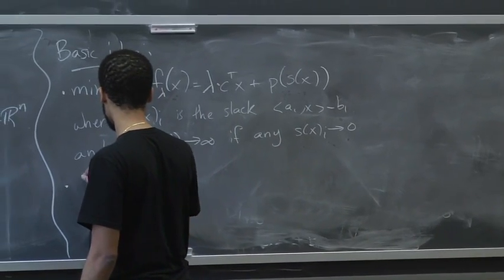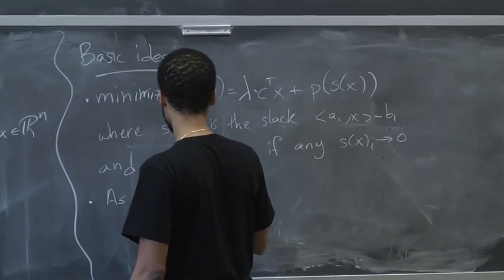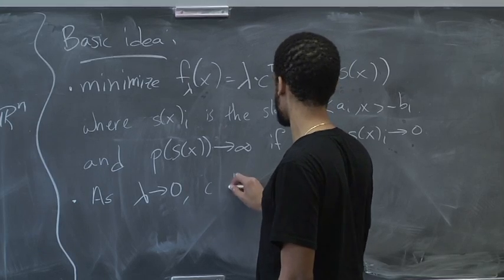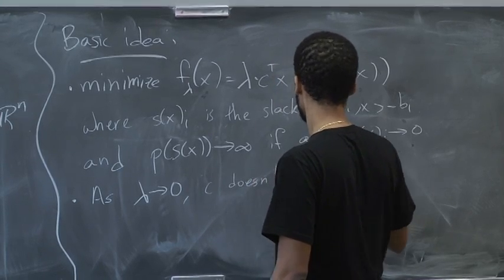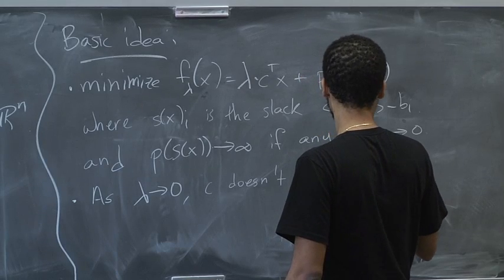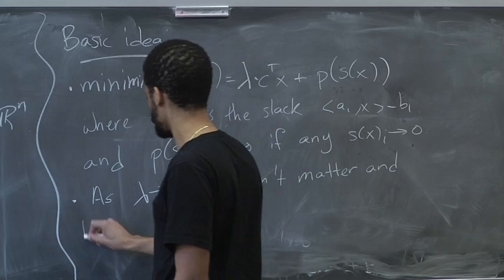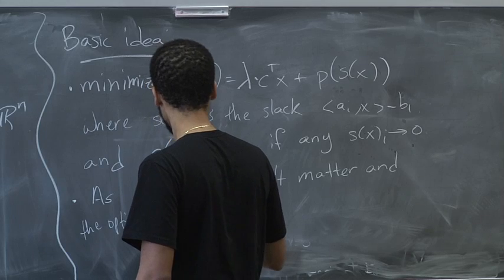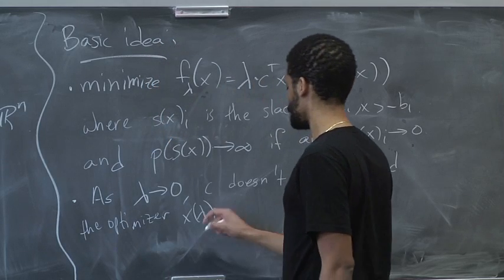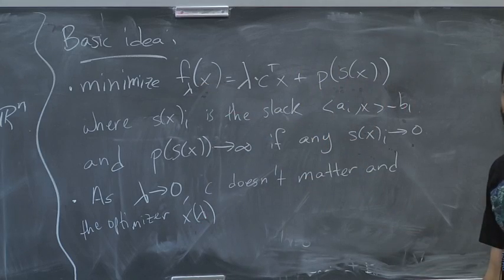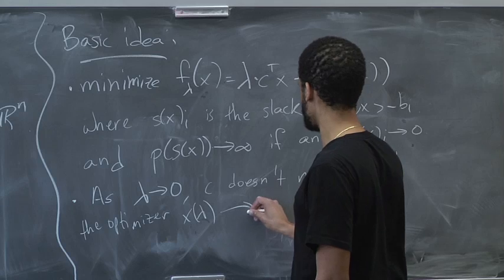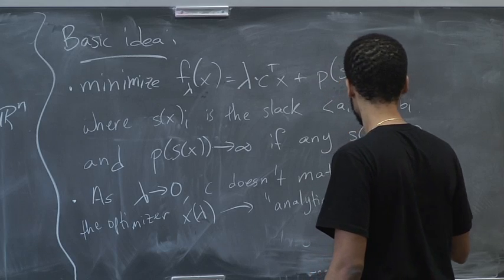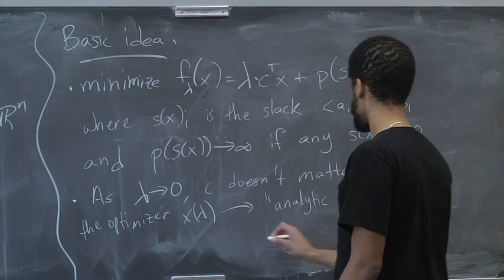And the point is, as lambda goes to 0, basically c doesn't matter. And the optimizer, let me call it x_lambda, the optimal solution for this f_lambda, the minimizer, goes to what's called the analytic center of the feasible region.